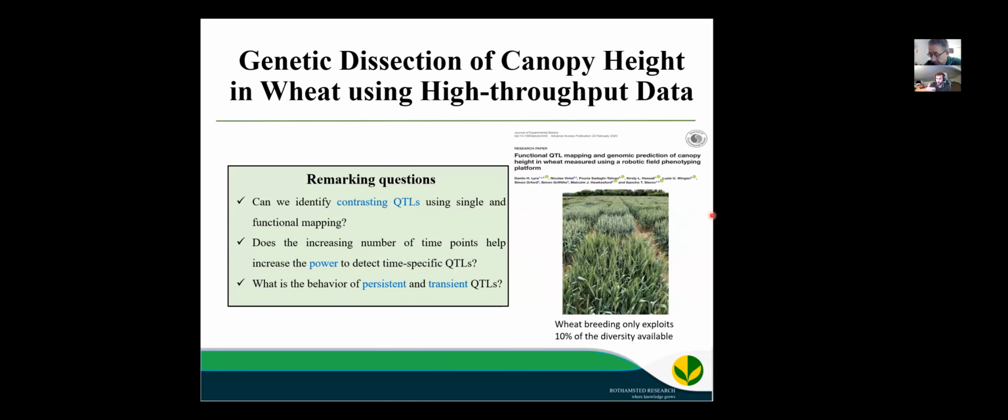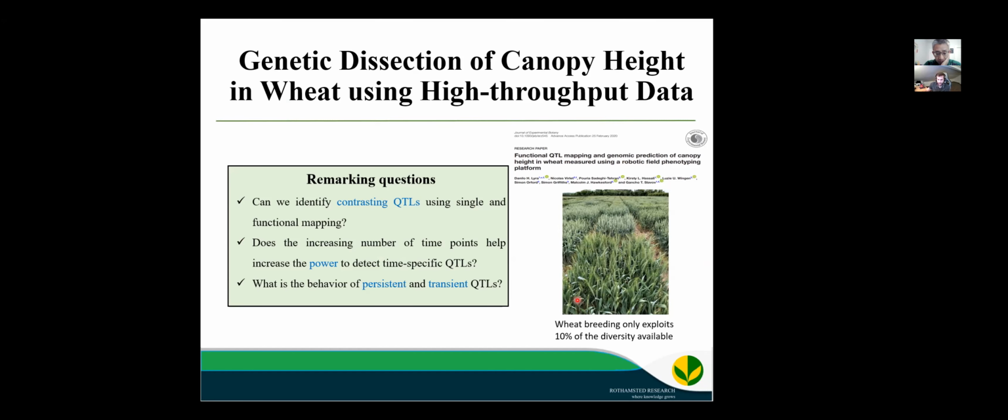If you increase the number of time points, can you increase the power to detect the QTL is one of the questions. What's the behavior of this QTL for persistent QTLs and transient QTLs? Those were some of the questions that we tried to answer in this study.